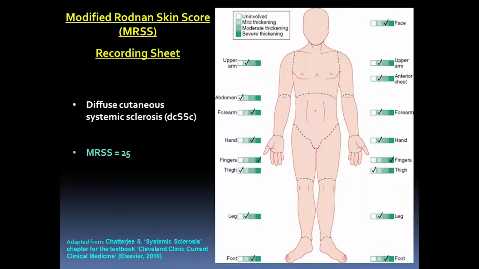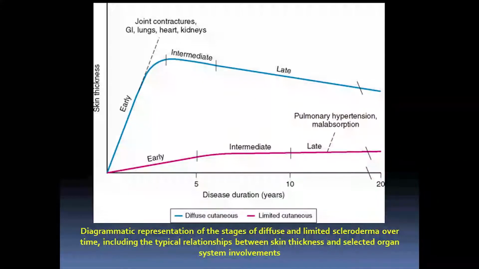And this is relevant because the amount of skin tightness correlates with the amount of dermal fibrosis. And that in turn tends to correlate with the amount of fibrosis happening internally, affecting the GI tract, lungs, heart, and kidneys. So in the first 5 years after onset of disease, the skin score keeps going up, particularly in those with diffuse scleroderma.